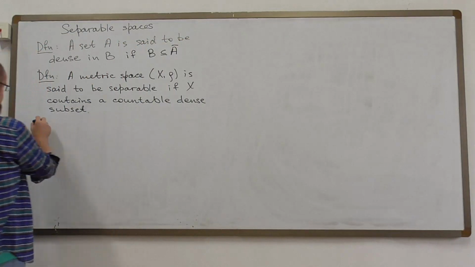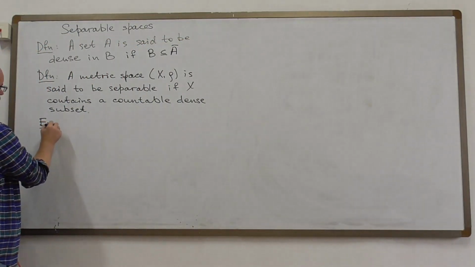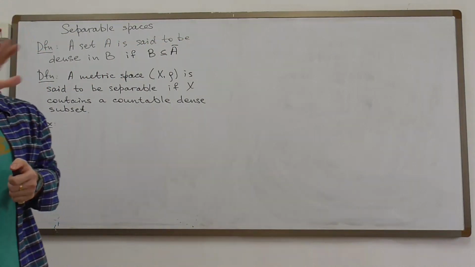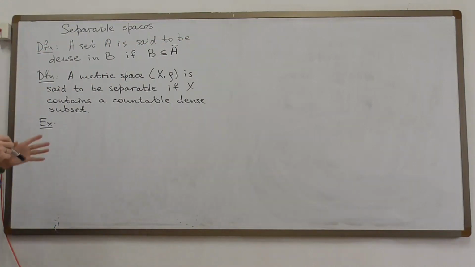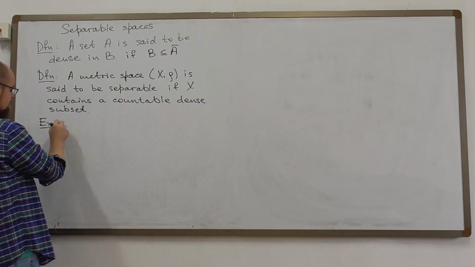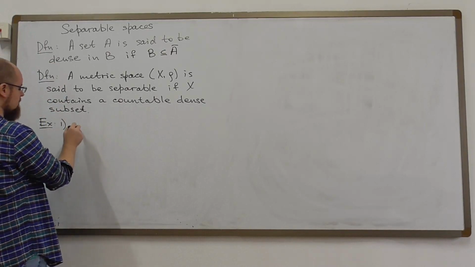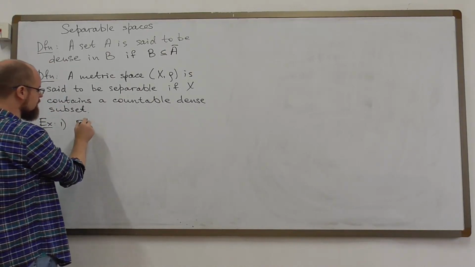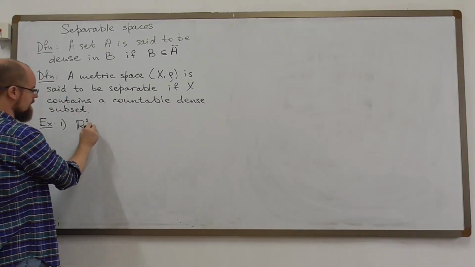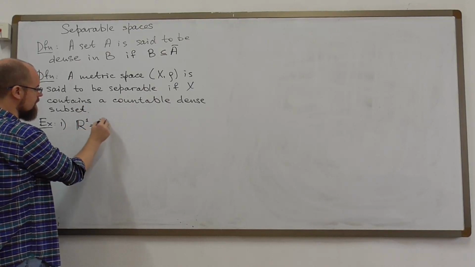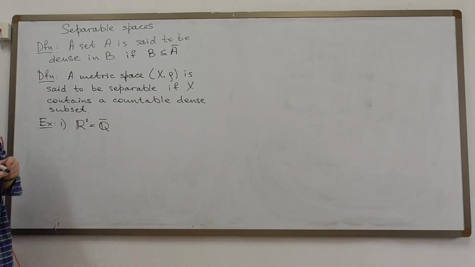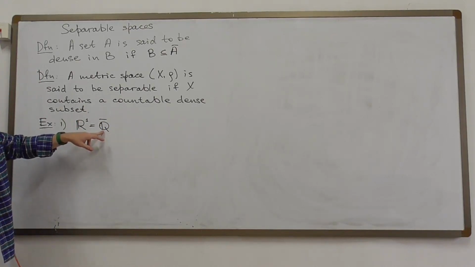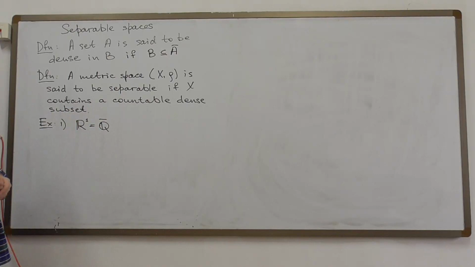Examples. Most of the metric spaces which we considered before are separable. Let me mention a few of them. Well, R1 with the usual metric is separable because the rational numbers are dense in R1. So the set of rational numbers is countable, and the closure of them is the whole R1.